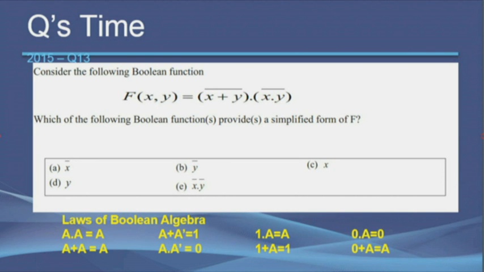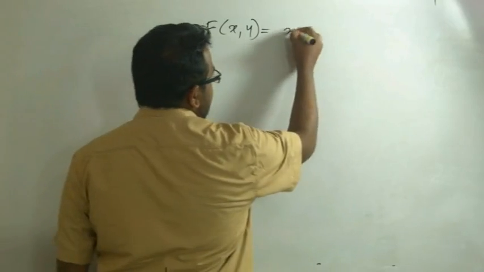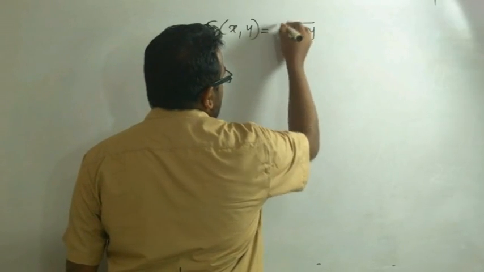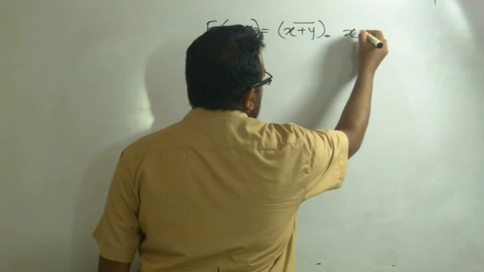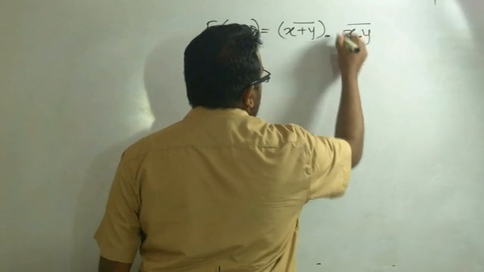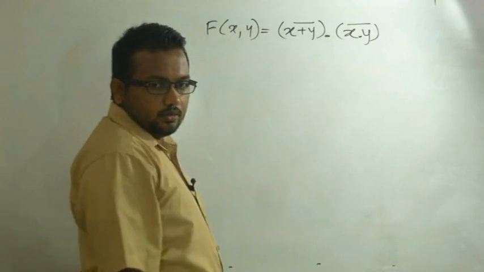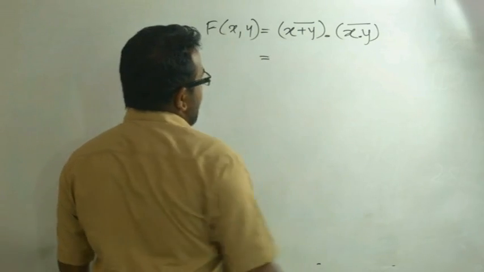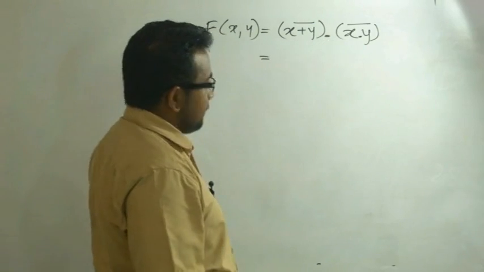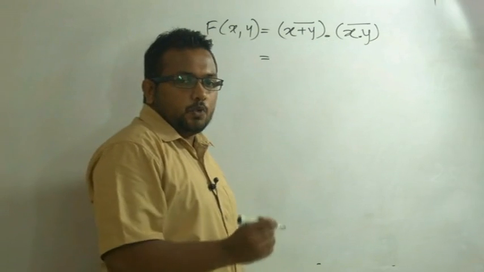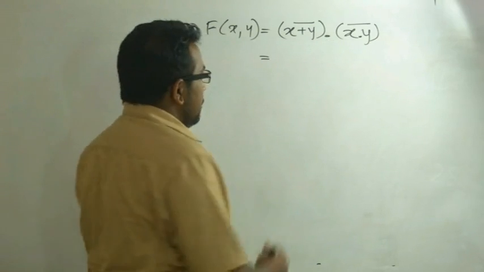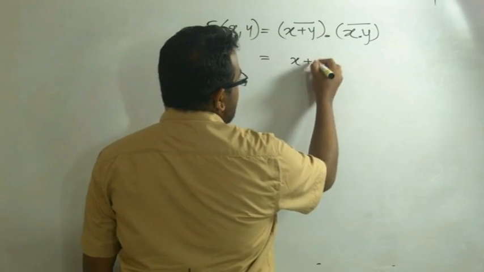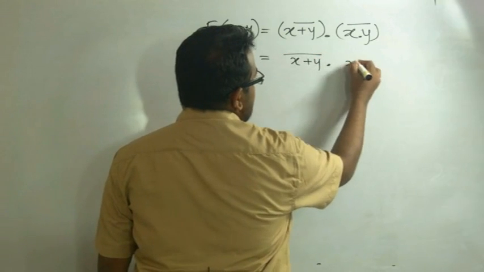Okay, now you can see our function is f of x, y, which is x plus y bar into x y bar. As you know, there is a product here, so we can simply put 2 bars and find out what we can do. So let's consider this one.